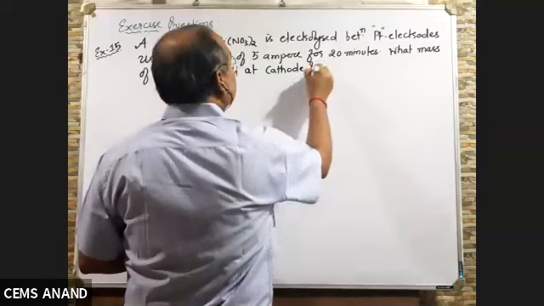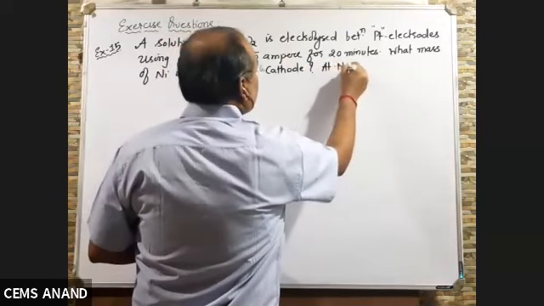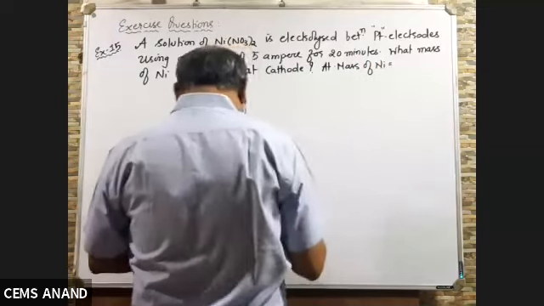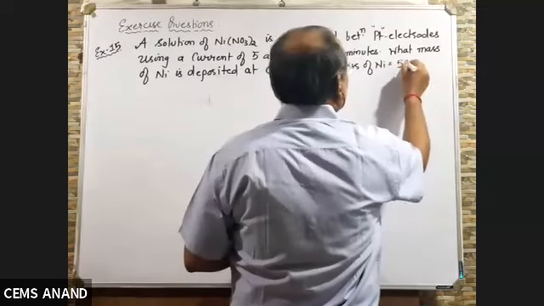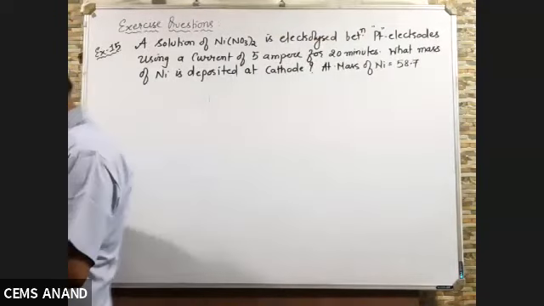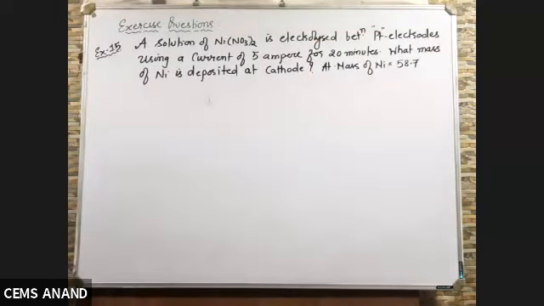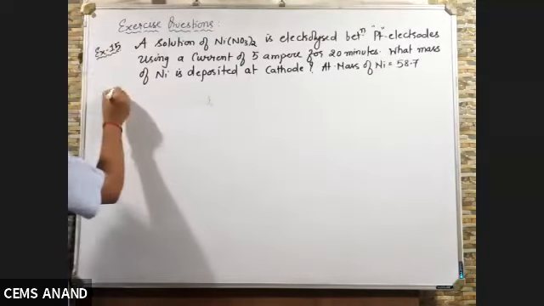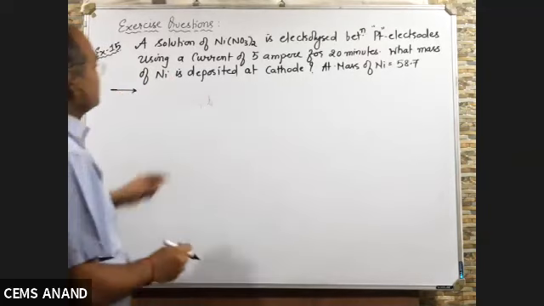Question mark. Atomic mass of nickel is 58.7. This is given to you. Now, first of all, try to understand the question.